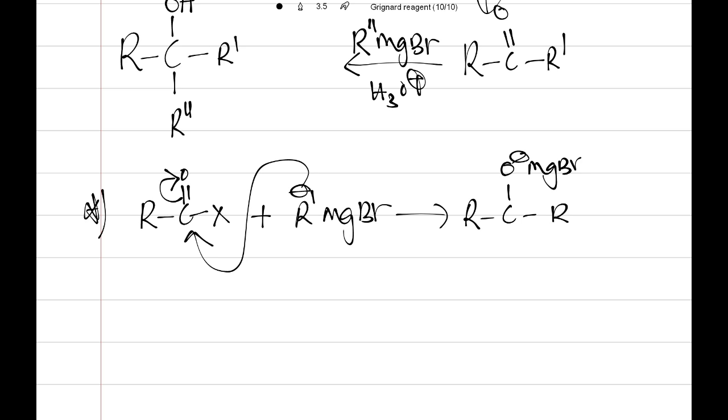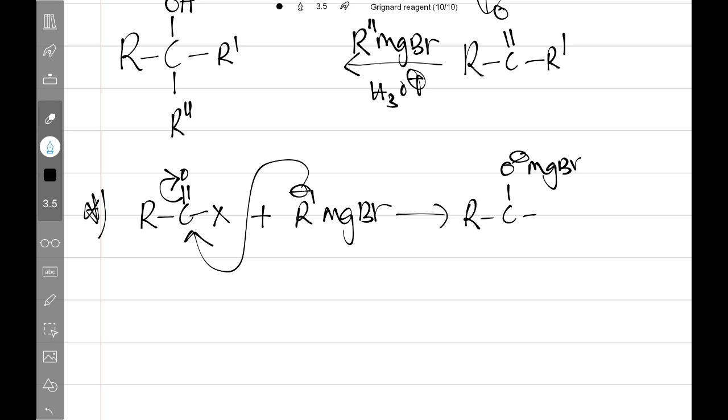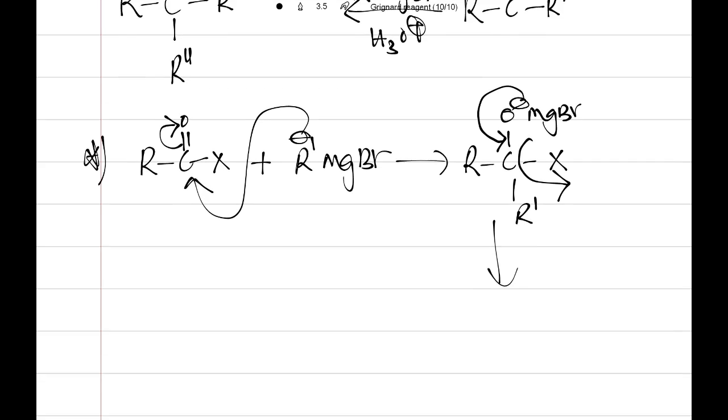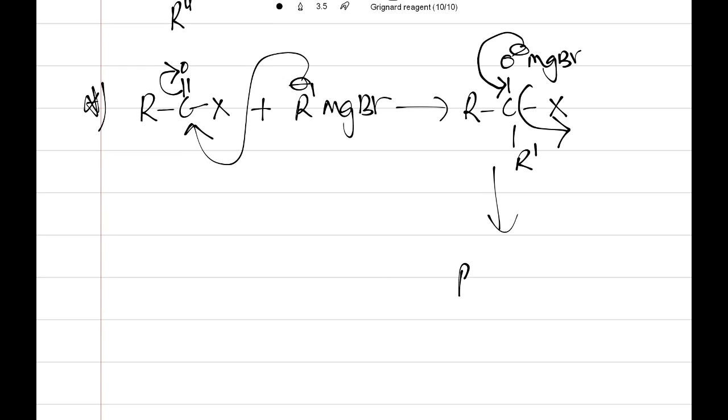Along with this R dash, X also will be there. So I am writing this one like this way. So this is the R dash, this is the X. So when the electrons are shifted towards this one, when compared to the R dash group and X group, X is the good leaving group.